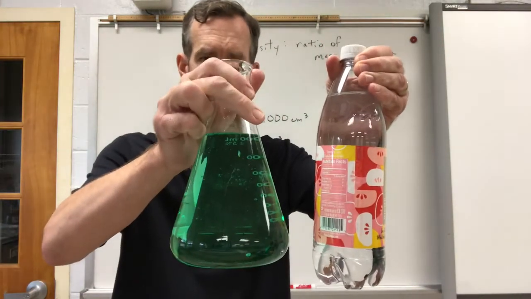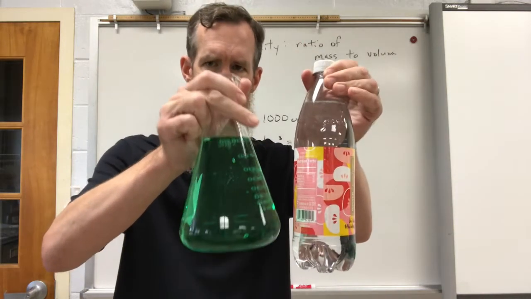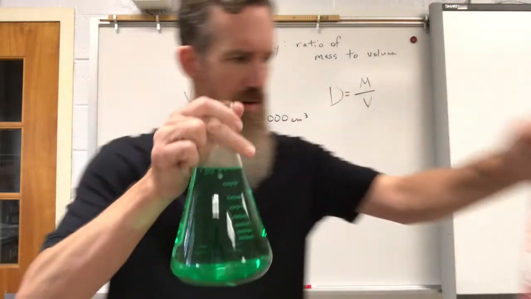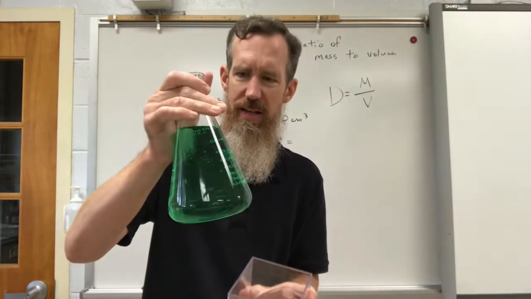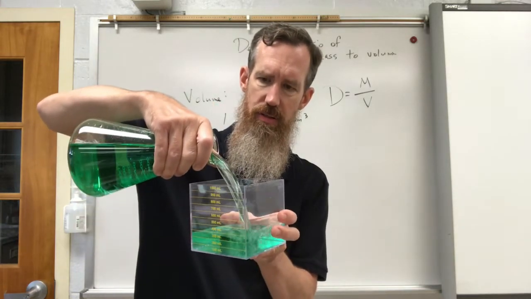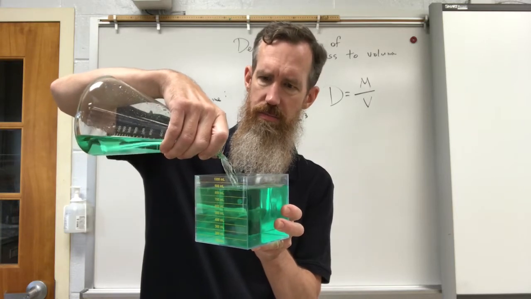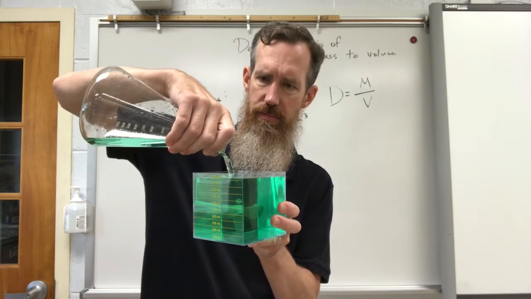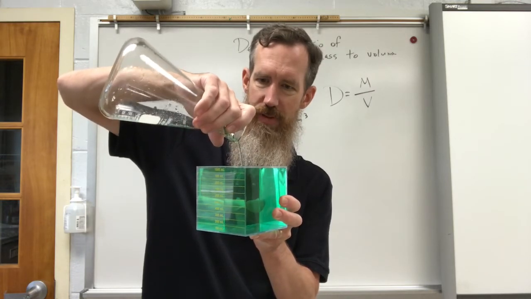This is a liter. They're about the same. They have slightly different shapes, but trust me, 1 liter, 1 liter. Now what I'm going to do to prove that to you is I'm going to take my 1 liter, which is just slightly colored water, and pour it into my box. Fill to the rim.